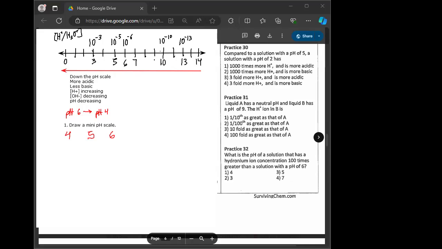So from 6 to 5, that's going to be times 10. And the same thing going from 5 to 4 is also times 10. Well, times 10 times 10 is times 100.